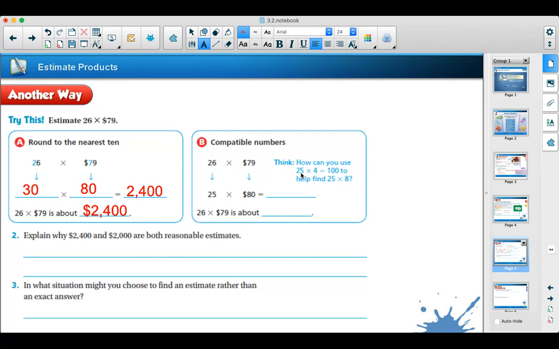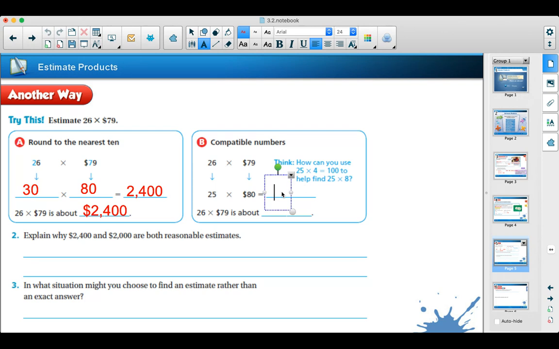Well, if we know that 25 times 4 is 100, and 8 is 2 times more than 4, the answer to 25 times 8 would be 2 times more than 100, which would be 200.